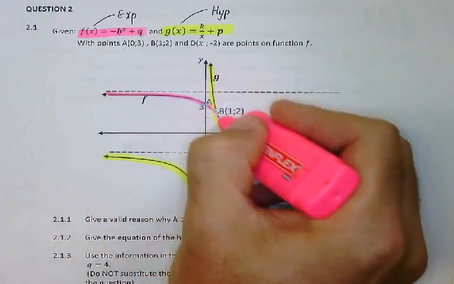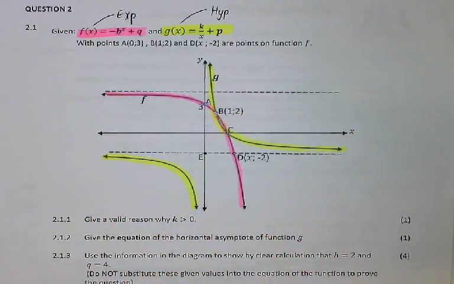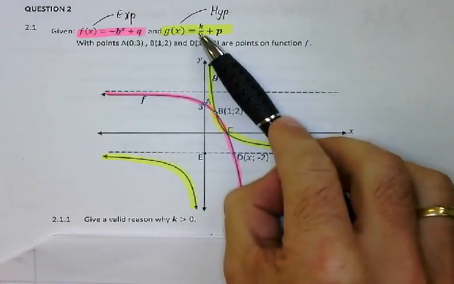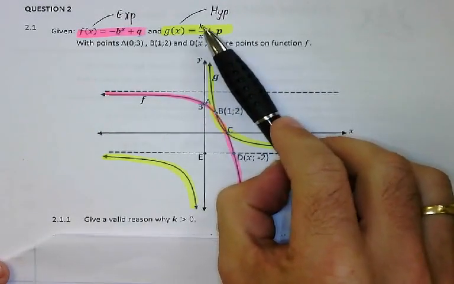Okay, so now we're ready to look at the first part of the required, which says, give a valid reason why k is bigger than 0. Okay, so k we know is the value on the hyperbola that tells us in which quadrants the hyperbola's arcs would be drawn.